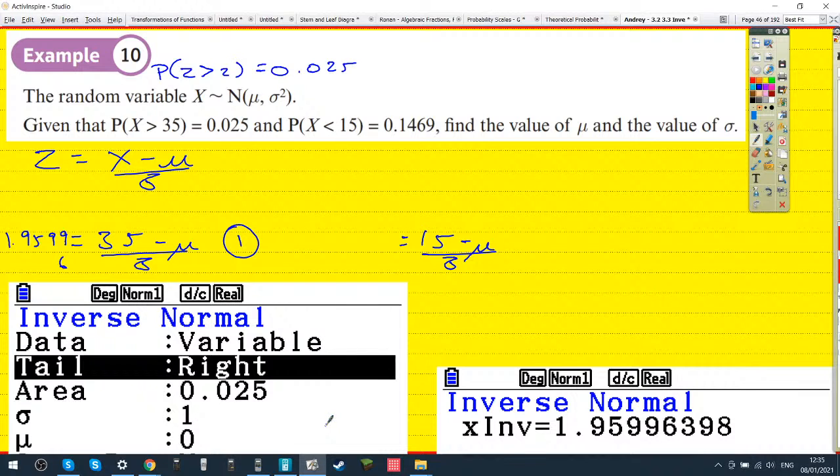Can I now use that equation to sub in as the z of the next equation? Yep. And so do 1.9599. No. Oh no, different z. We now need what z gives us a probability of 0.1469.